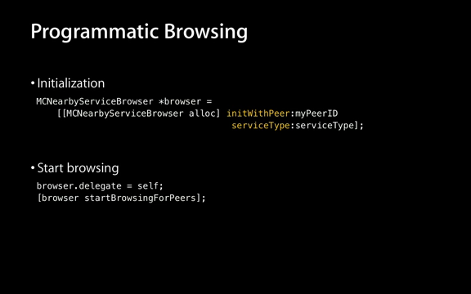The first one will be the peer ID, and the second one will be a service type, which again, I would like to emphasize: the service type that the advertiser specifies and the one that the browser specifies need to be the same, otherwise they won't see each other. Also, you'll need to set the delegate on the browser, and to start browsing, you'll have to call the startBrowsingForPeers method.